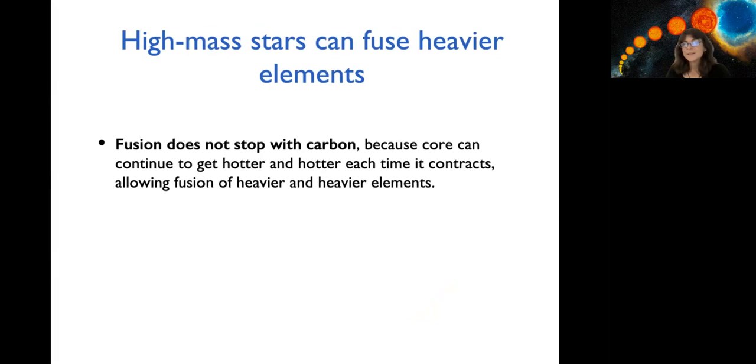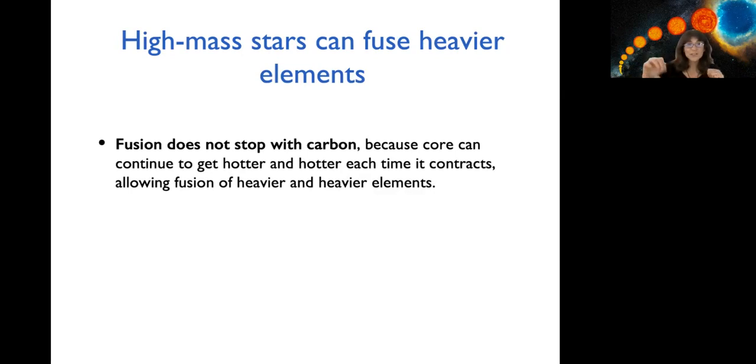For a high mass star, it can keep going because it has a lot more gravity, a lot more mass. So the core can continue to contract and contract so that the temperature needed for carbon to fuse, the 600 million Kelvin, can actually be reached. The core can continue to get hotter and hotter each time it contracts, to allow fusion of heavier and heavier elements.